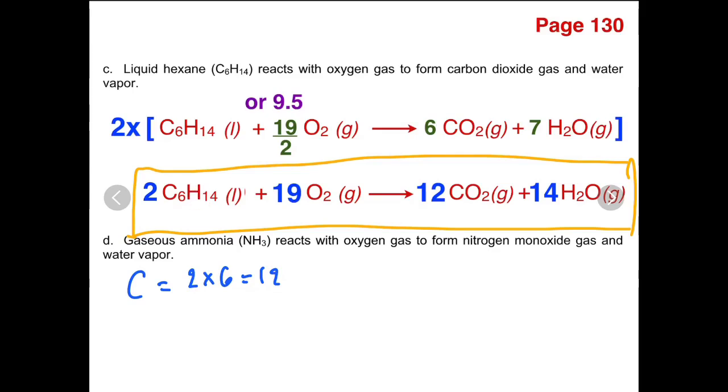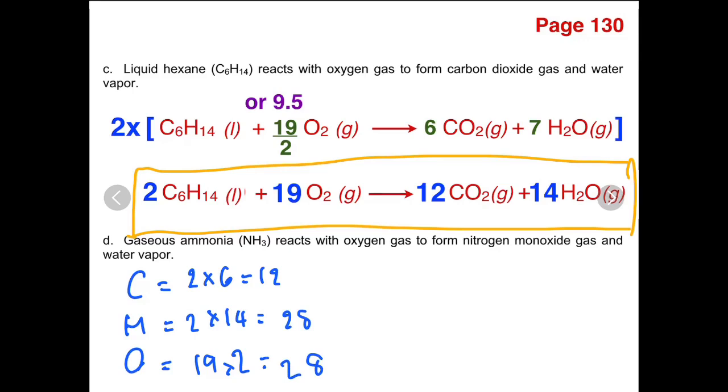For hydrogen, you are going to have 2 molecules of hexane. Each hexane contains 14, so that would be 28 hydrogen. For oxygen, you have 19 of them, and each molecule of oxygen contains 2 atoms of oxygen. So therefore, in this case, the answer would come out to be 28, right?